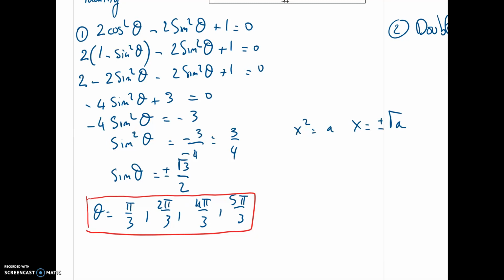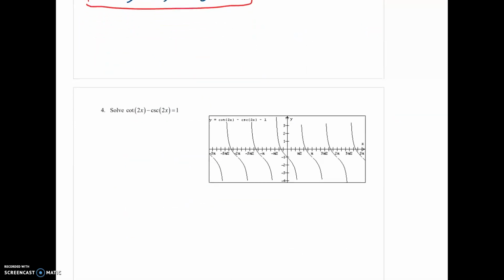Number 4 is cotangent 2x minus cosec 2x equal 1. So what I would do is I would transform and express the cosec of the angle 2x in terms of cotangent.